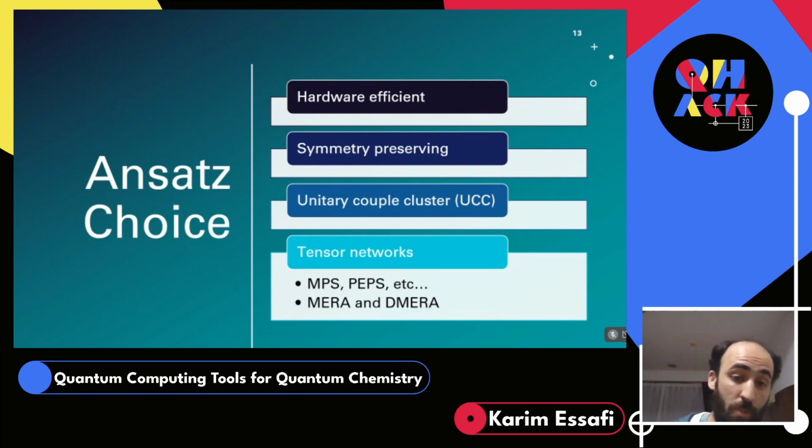Another one could be the symmetry preserving ansatz, which takes into account the symmetries of the system that you are studying. But for chemistry, one more interesting one is the unitary coupled cluster ansatz. This one involves non-local gate operations and can be expensive to implement on current near-term devices that have limited qubit connectivity.